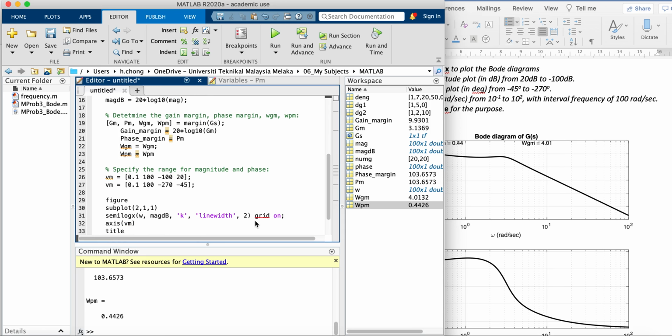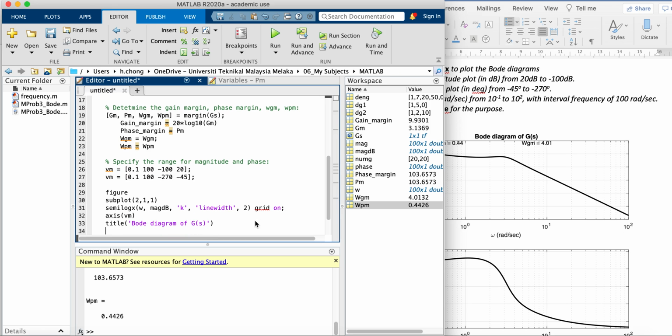Then the title for this plot is Bode diagram of G(s). And then the x label.